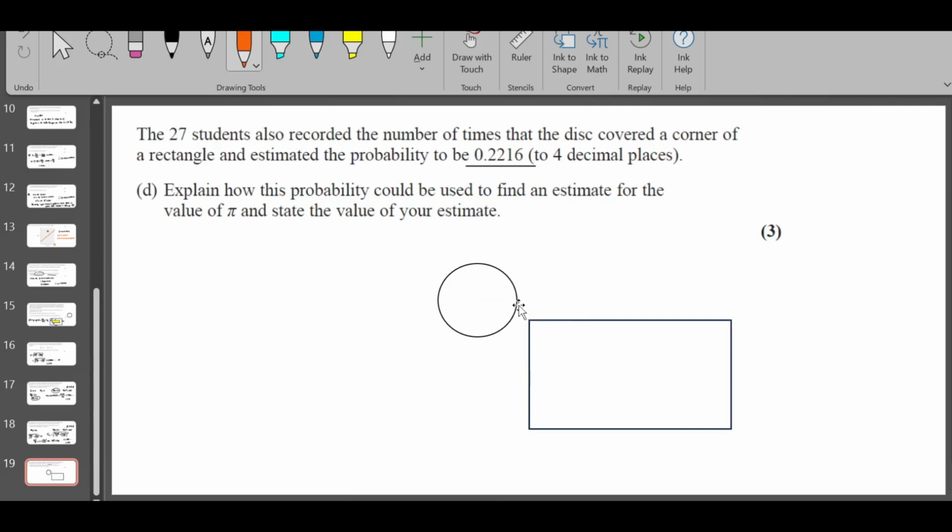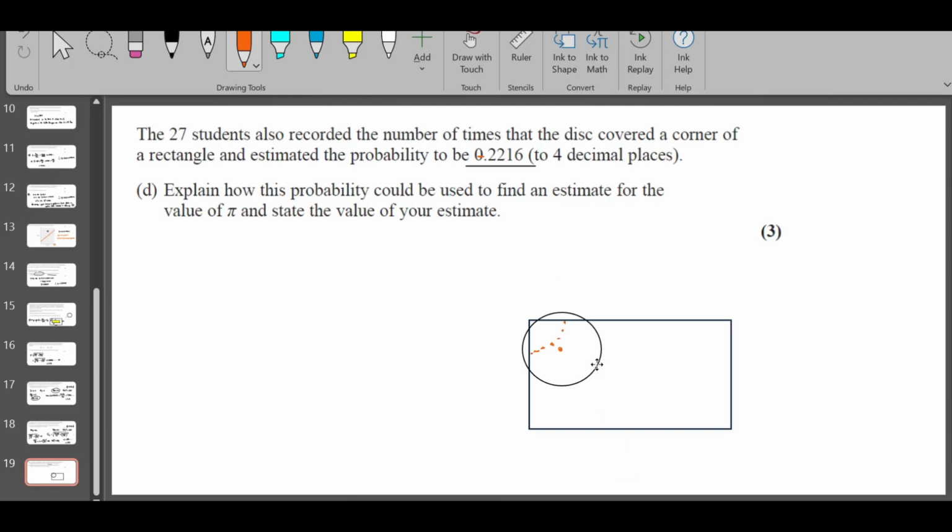If the center lies more than 1 centimeter away from the corner, it will be like this, right? Because the center is here and it doesn't cover the corner, right? So to cover the corner, definitely the center of the disk should be within 1 centimeter from the corner. So it can be here, here, here, here, here, here, right?